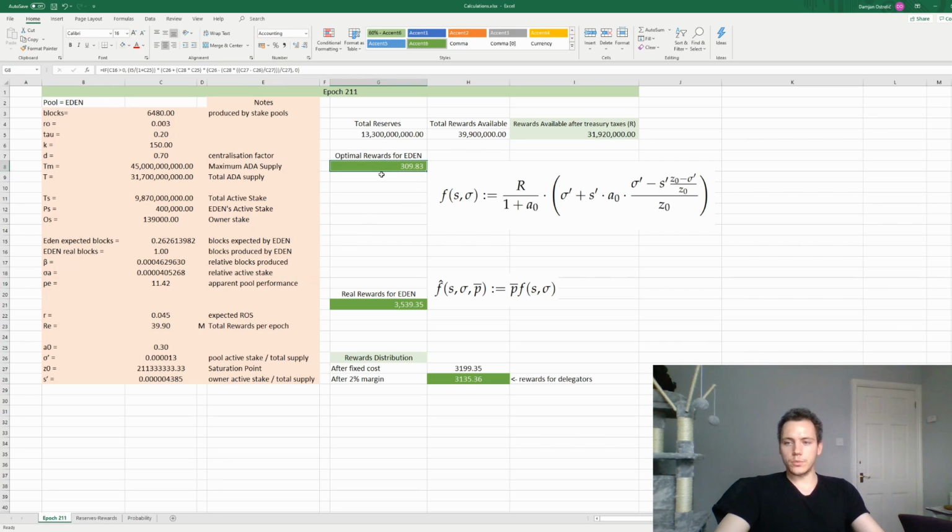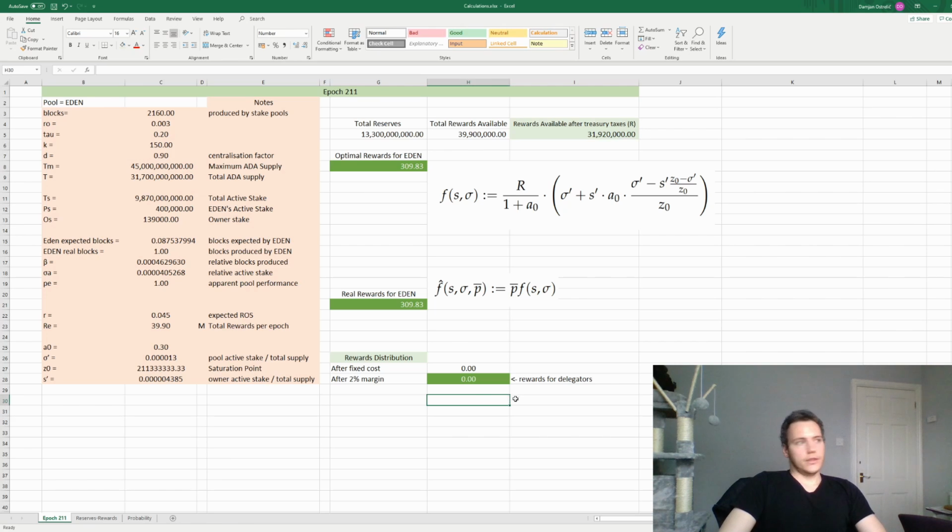And even though its optimal pool rewards, which assume performance of 100%, are 309, it will get 3,500, because the optimal reward number will be multiplied by its apparent performance. So you see, because of this condition with the d parameter, the small pools who get lucky with a block normally would expect a high ROS, but it's not going to happen until the d parameter decreases below 0.8.